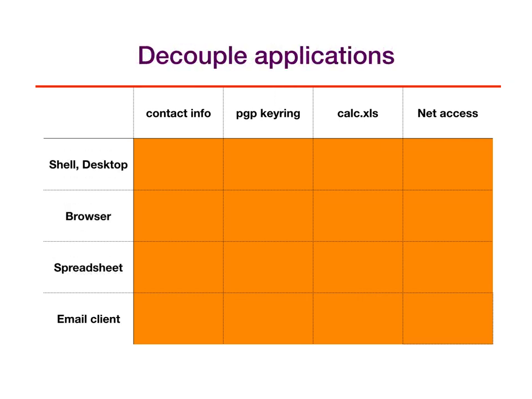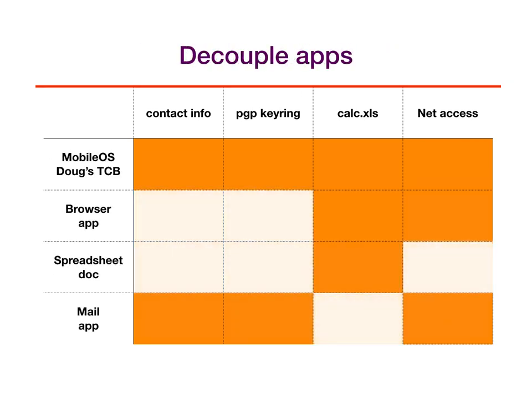Since then, mobile operating systems now do better than that in the app model. Instead of installing applications that run simply as the user, the different applications are given access to different things, once again, at this level, reducing the attack surface.